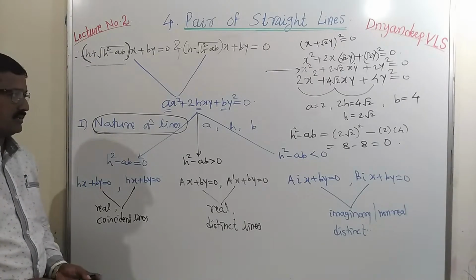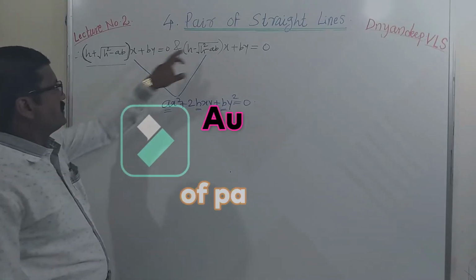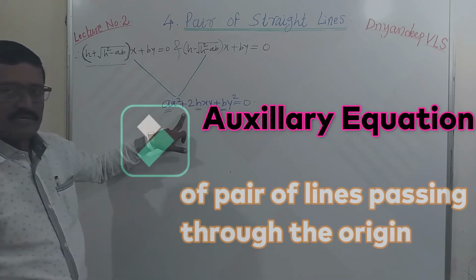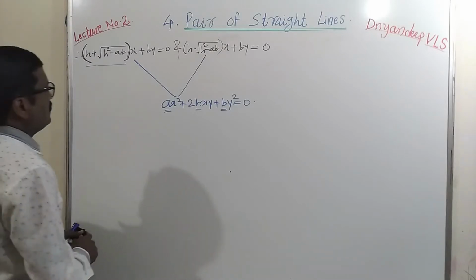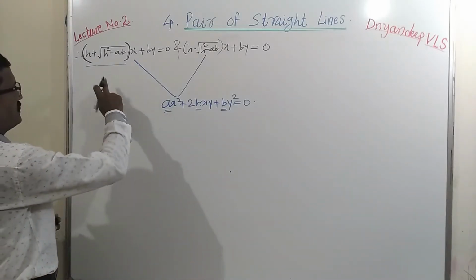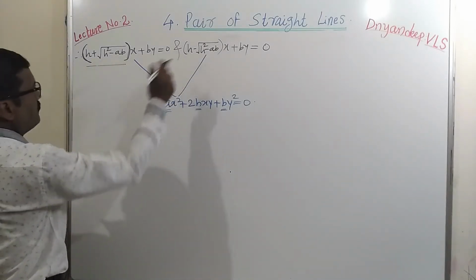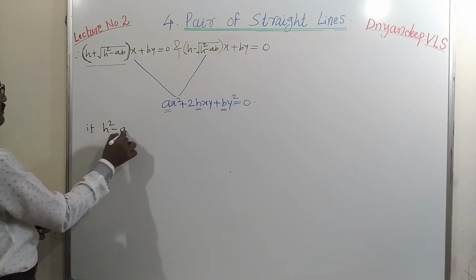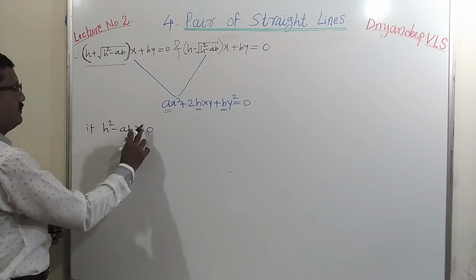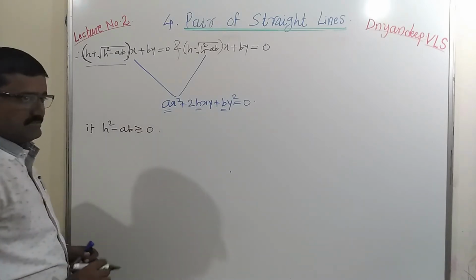That is very important. Now, as we know that these are the separate equations of this combined equation of pair of lines, this equation represents two separate lines if h square minus ab is greater than or equal to 0. Okay, that is the condition.